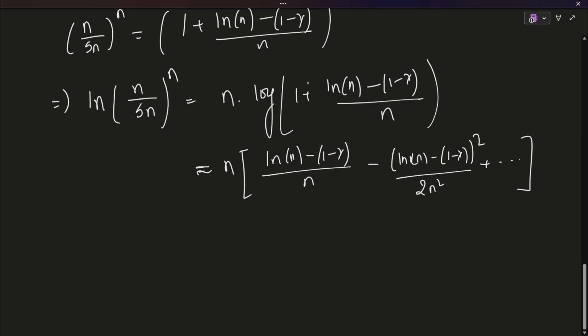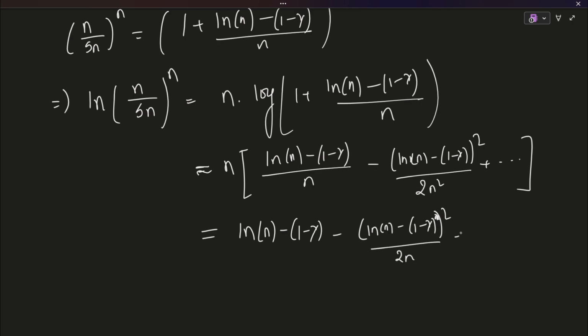We are using the expansion of ln of 1 plus x, which is x minus x square by 2 plus x cube by 3, and so on. Now, multiplying by n, you simply get ln n minus (1 minus gamma) minus (ln n minus (1 minus gamma)) whole square by 2n, and so on. Now, all of these trailing limits go to 0 as n tends to infinity.